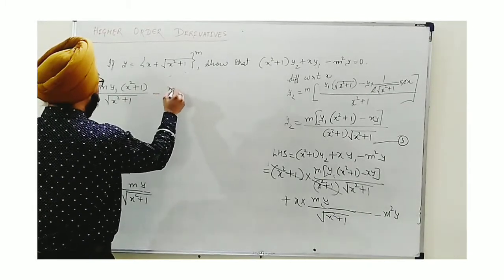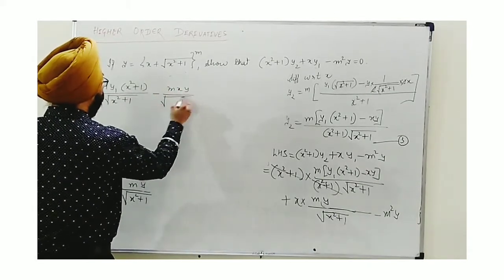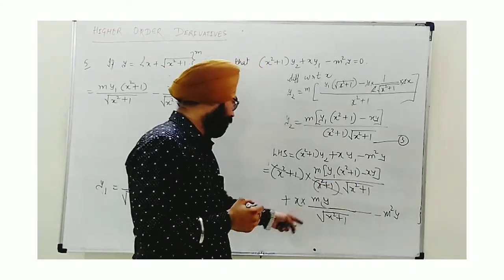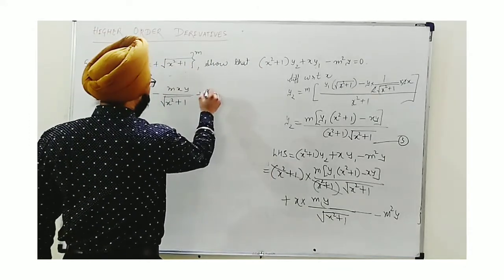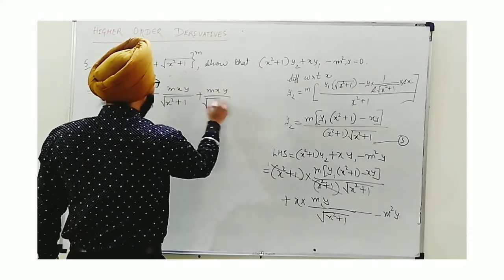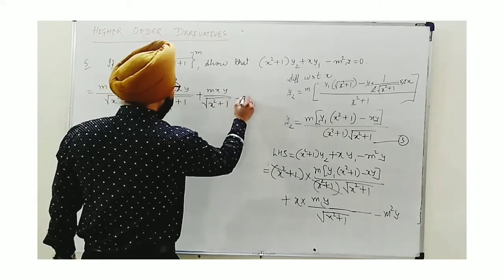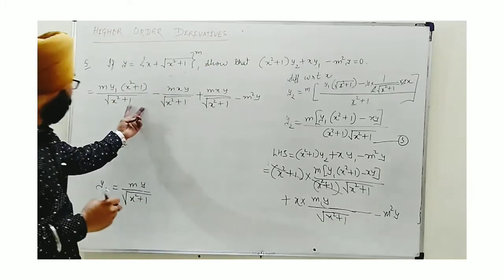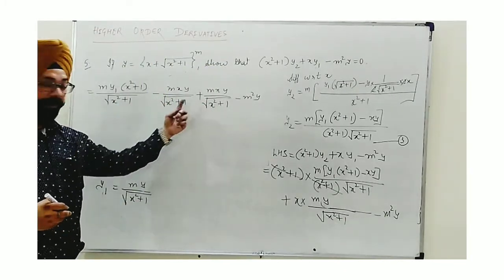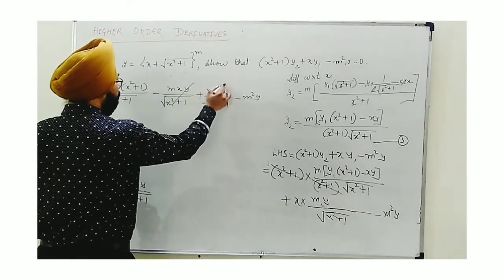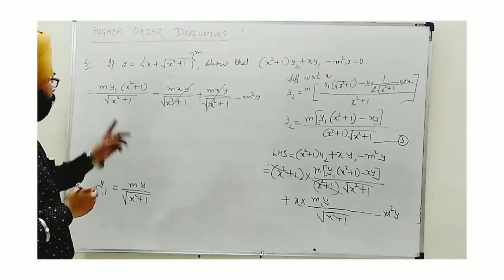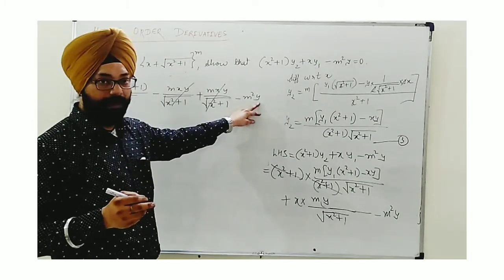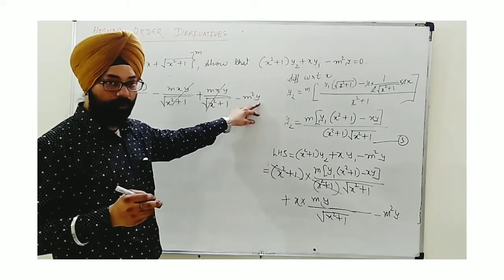Next term, mxy √(x² + 1). I have separated this √(x² + 1) in both of the terms. Next plus mxy √(x² + 1) minus m² y. Actually, this term was the purpose, so I have taken such a step. As these two are alike, opposite sign, obviously cancelled out. This was the purpose to separate them. Now what else we can do? As I see, the term I am having is m² y.